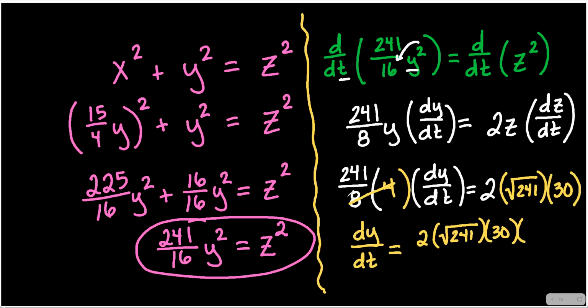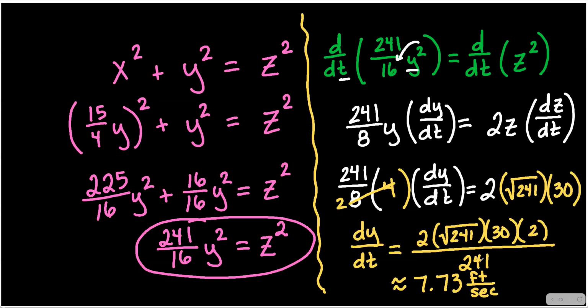This reduced to give me 2, so that means I'm going to have a 2 on the top. I'm going to be dividing by 241. So I'm going to plug all that into a calculator, see if I can come up with a cleaner answer. And what I come up with is that this is approximately 7.73, and this is feet per second.